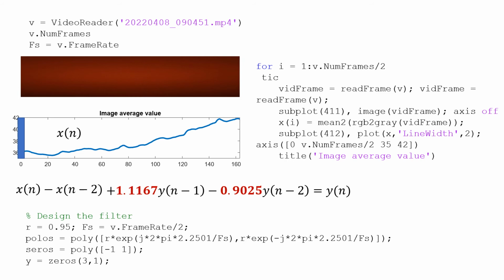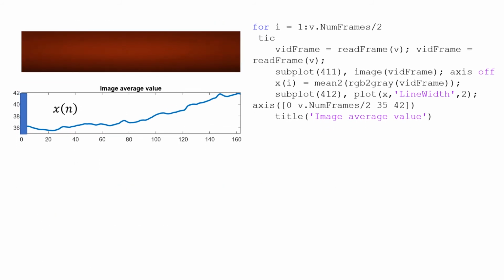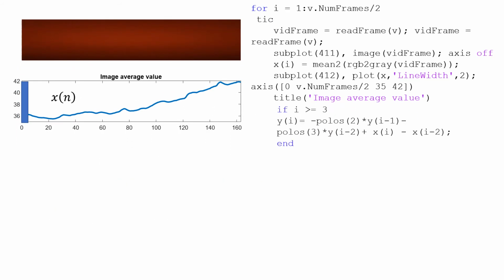So I need to design the filter as before, and of course, this part of the program will be outside the for loop. I don't need to calculate and design the filter every time I enter the loop. And in this part of the program, I'm just waiting for those 3 samples here.